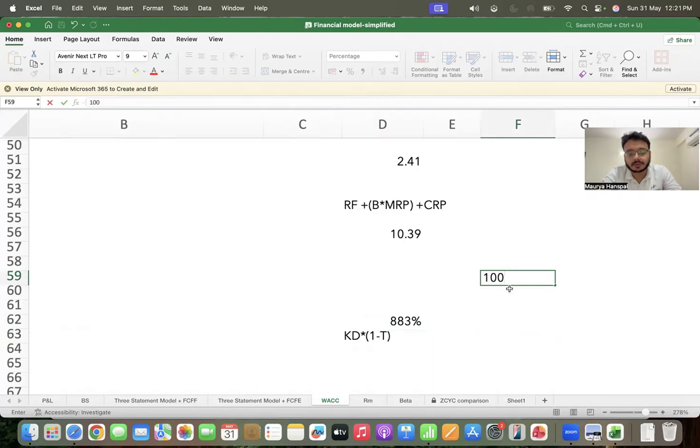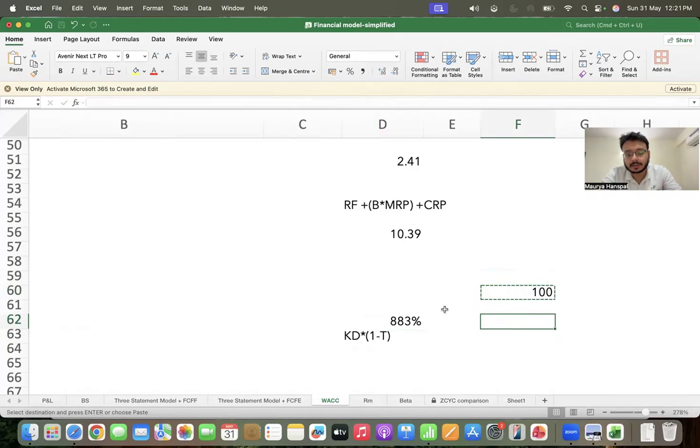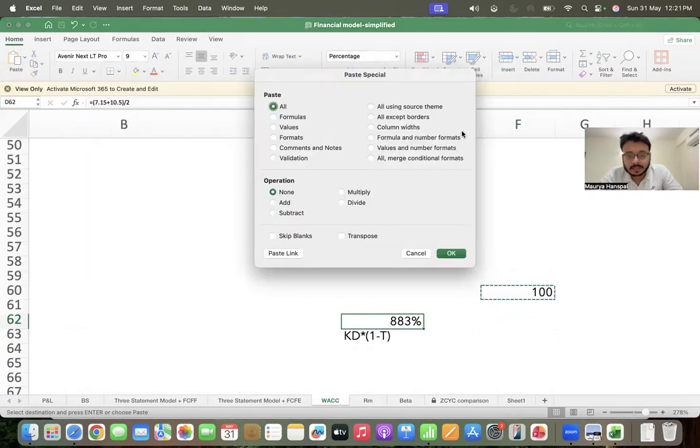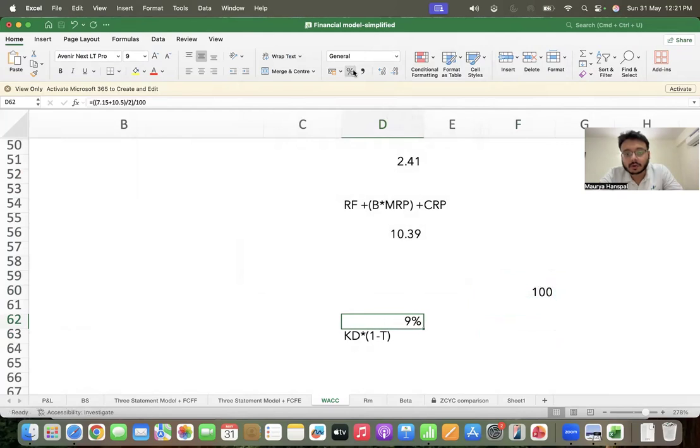And I can simply modify this also. I can do a Control C. I can go here, go to Home, go to Paste Special. In Paste Special, I can divide this by 100, click OK, and then convert to percentage.